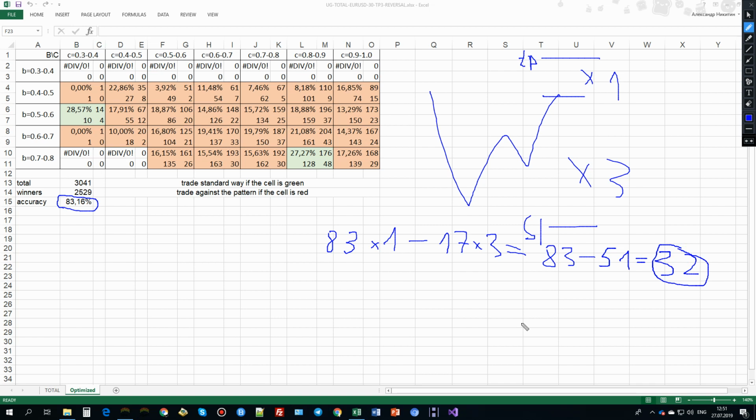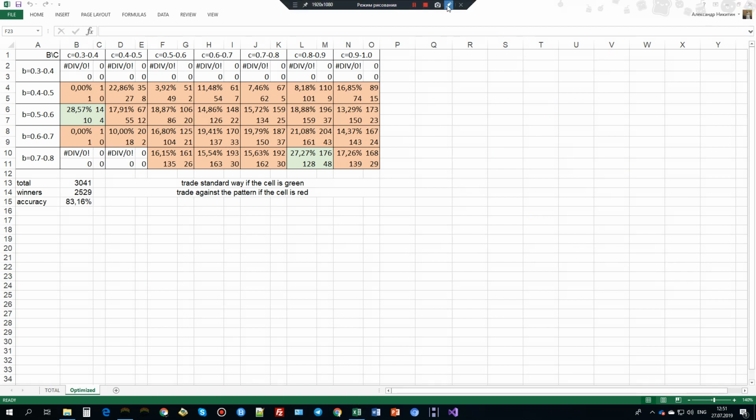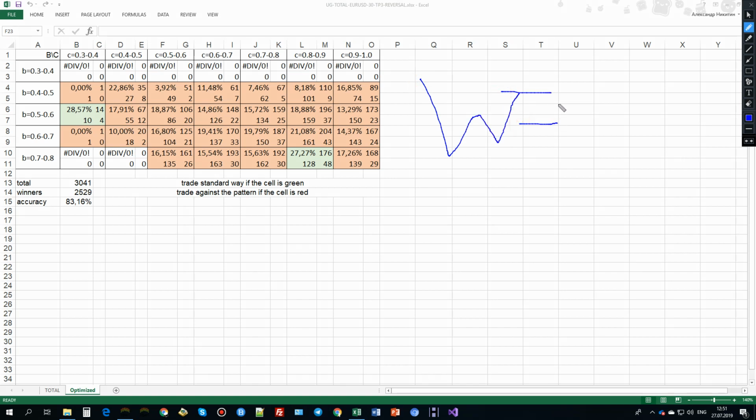It is much greater than if you have a 60% probability when you trade one-to-one. Let me draw it for you. So you have a pattern, yes, you are placing your trade as one-to-one, so we have 1, 2, 3 cells, 1, 2, 3 cells. So now it looks one-to-one, yes.